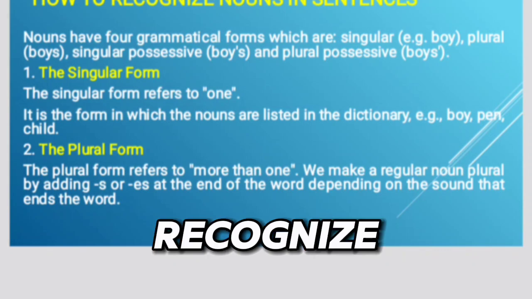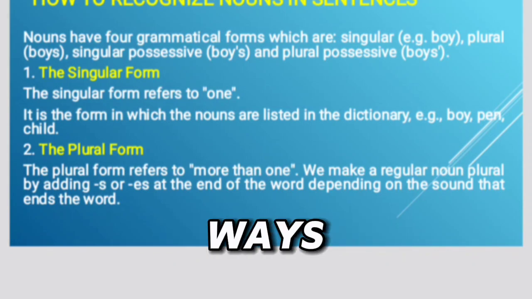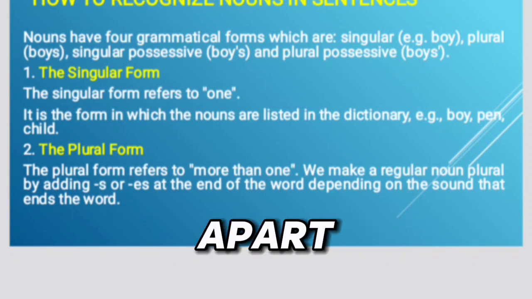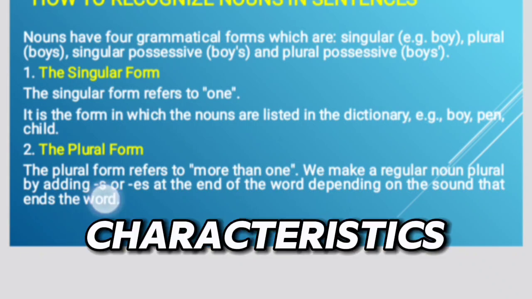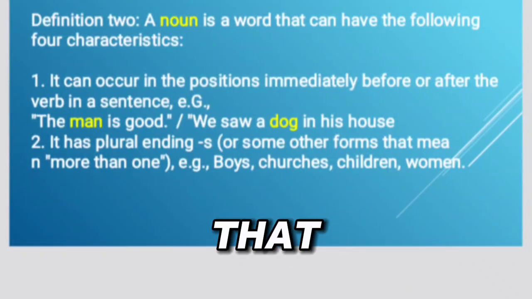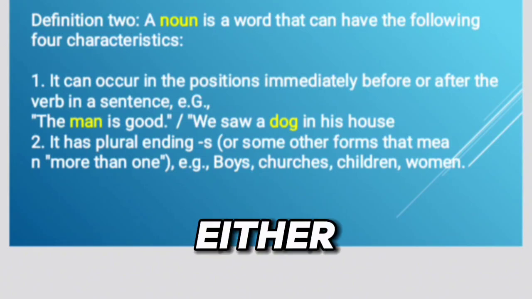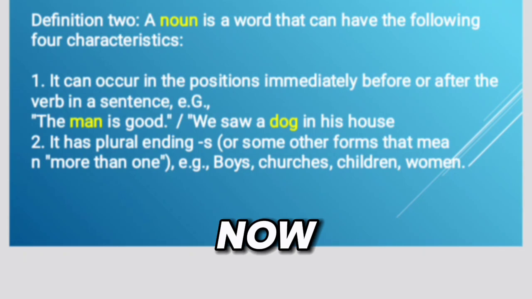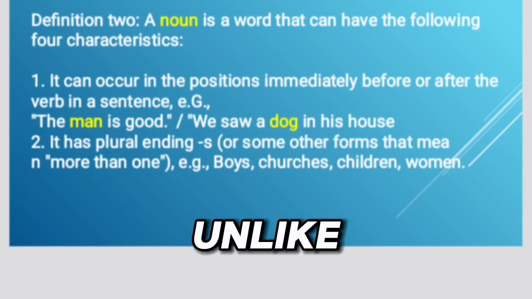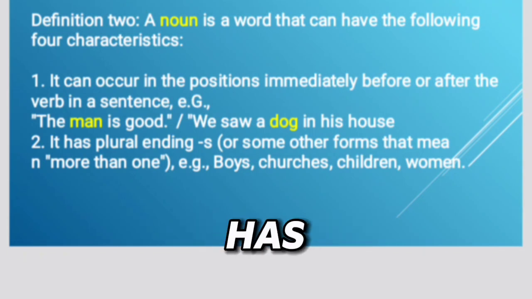How to recognize nouns? There are other ways that you can recognize them apart from the characteristics I told you just now. A noun can occur either before or after a verb. A noun has a plural ending, unlike verbs, where it is the singular that ends with s.